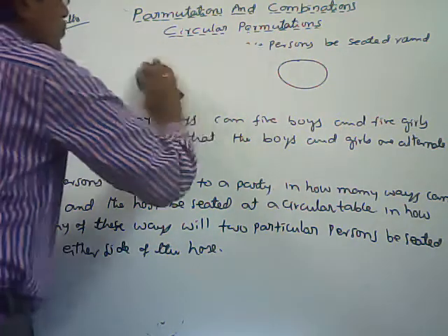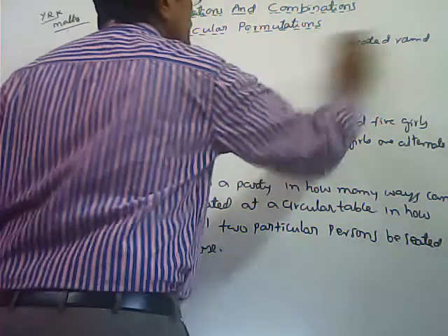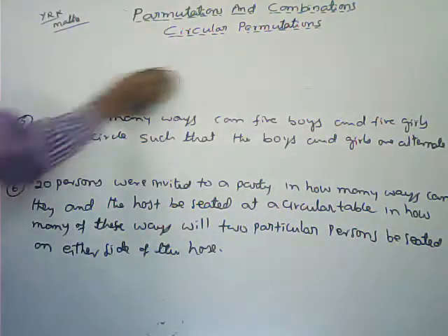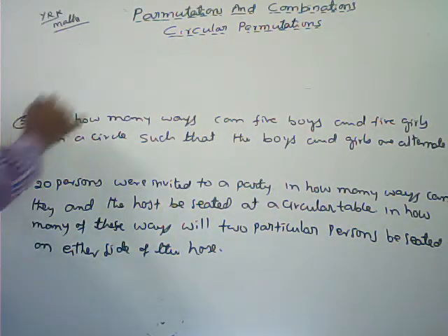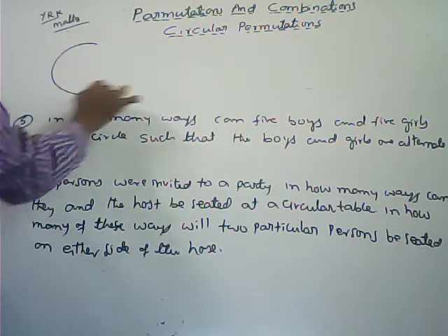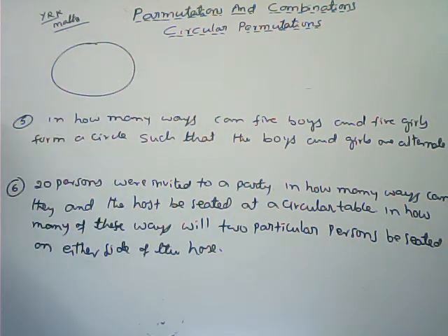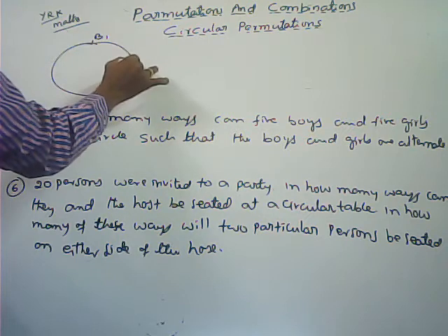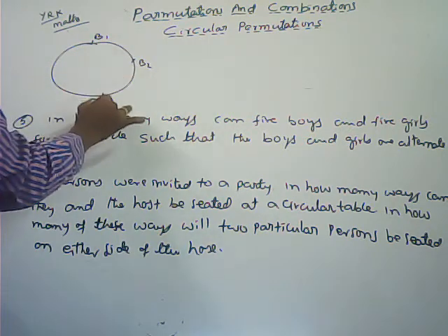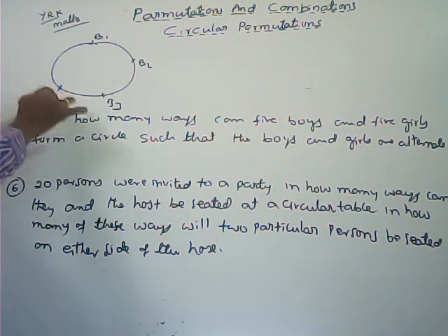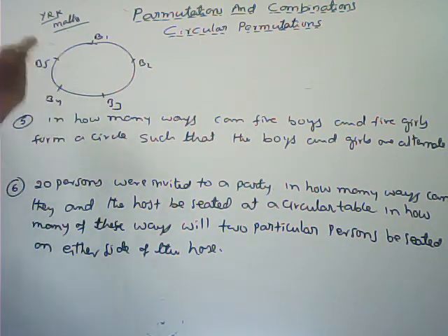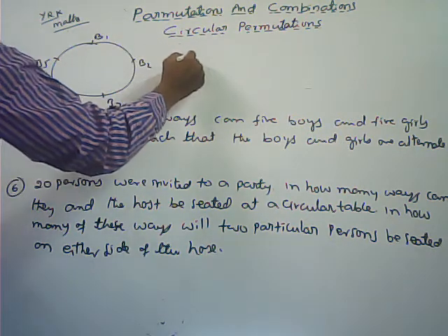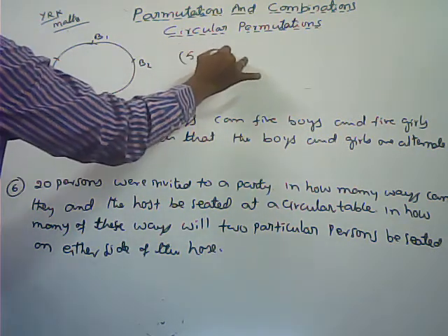The boys and girls have to sit alternately. First you can arrange either the boys or the girls. Here B1, B2, B3, B4, B5. Total 5 boys are there. The number of ways of arranging 5 boys is 5 minus 1 factorial.